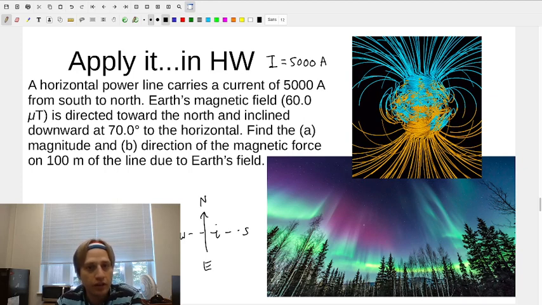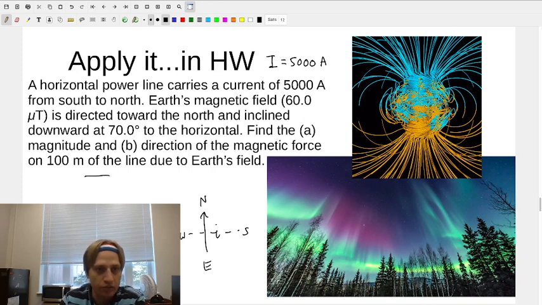Earth's magnetic field is directed toward the north and inclined downward at 70 degrees to the horizontal. Okay, so this must be a case if you think about up north. If you're close enough to the North Pole, the magnetic field is pointing in towards that thing.